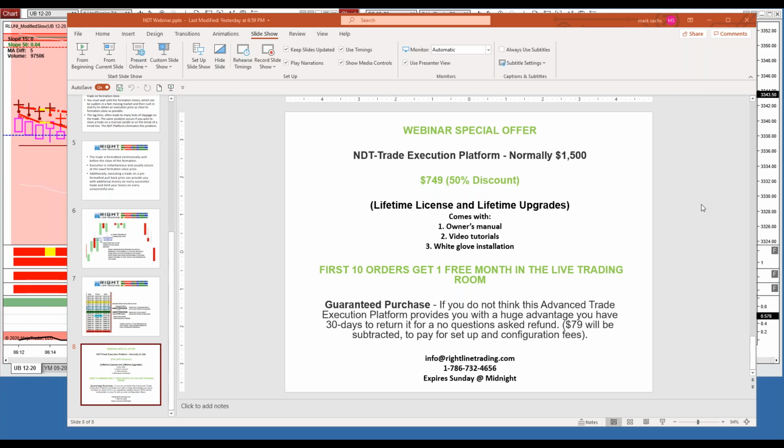I just didn't have it configured. It's going to move to first target. It's going to move your stop to first target and lock that in for you.